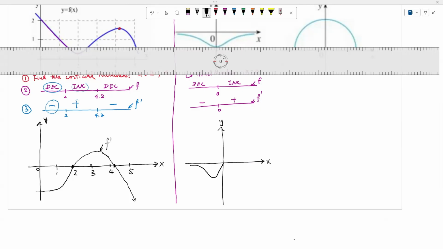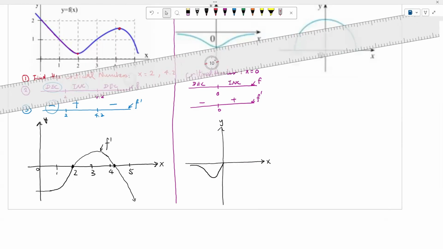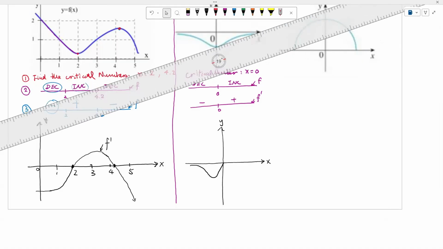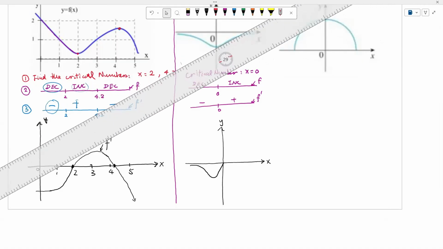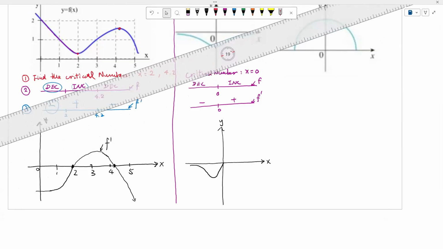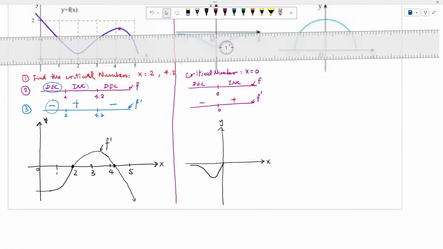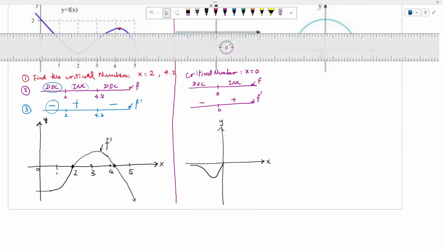Then for this one right here, we have a positive slope, then more positive, and then somewhere here it turns less positive, and again really close to 0, right?